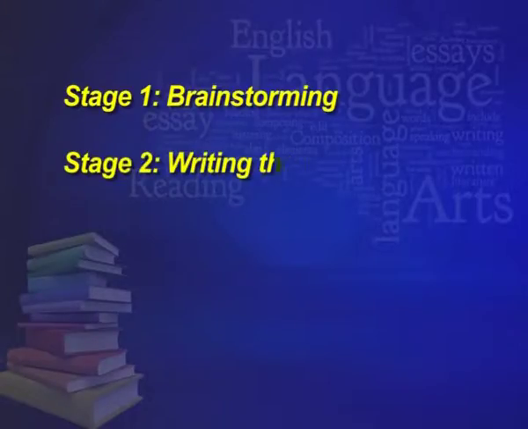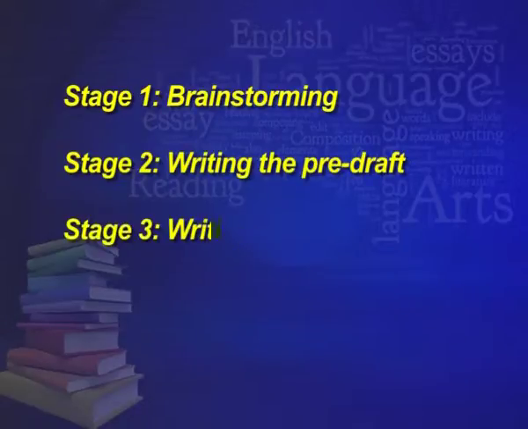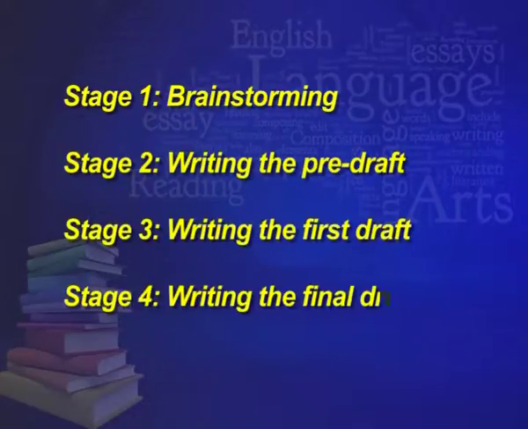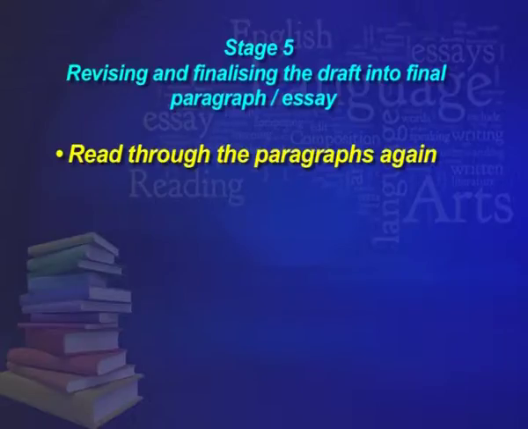You brainstormed, jotted down the points, and you have written complete sentences and improved upon them. There are 4 stages you have come across. Now, revision and finalizing the draft into a final paragraph or essay. Read through the paragraph again, more than once. If you want to make changes, you can do it very well now.